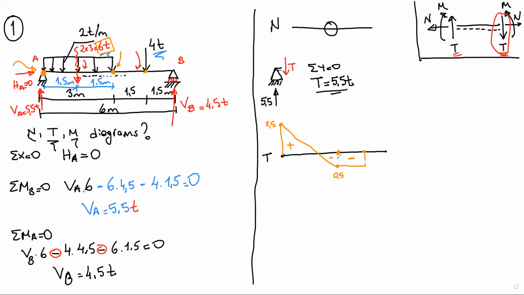So this is an external loading. We have to reduce this 4 tons from the shear force. So minus 0.4, sorry, minus 0.5. Here, minus 0.5 minus 4 will be the latest shear force at this point. So it will be minus 4.5.